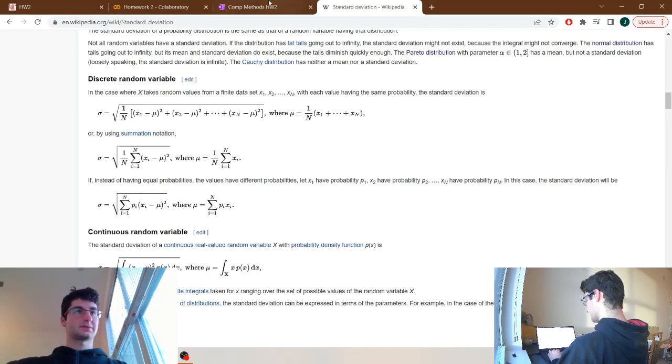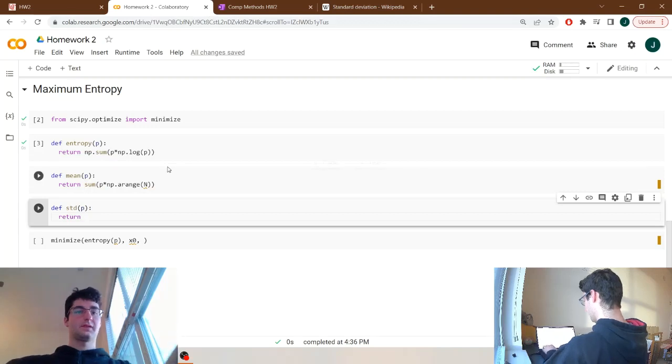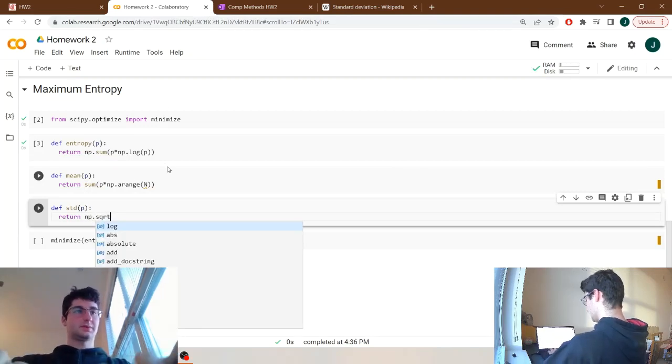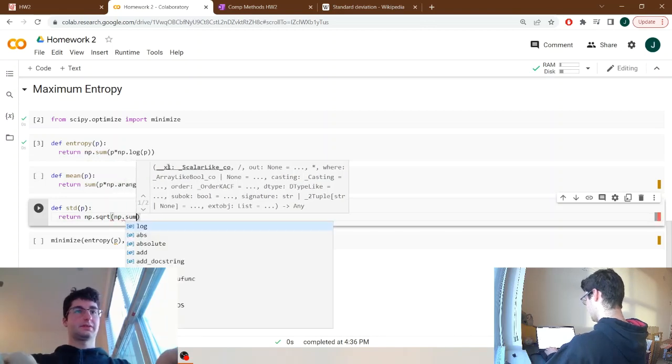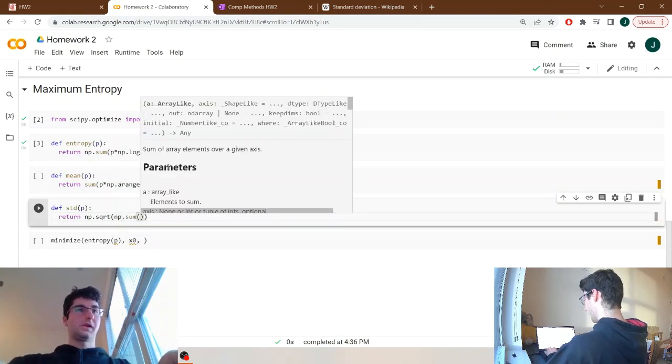This starts with the square root, so np dot square root of the sum of.